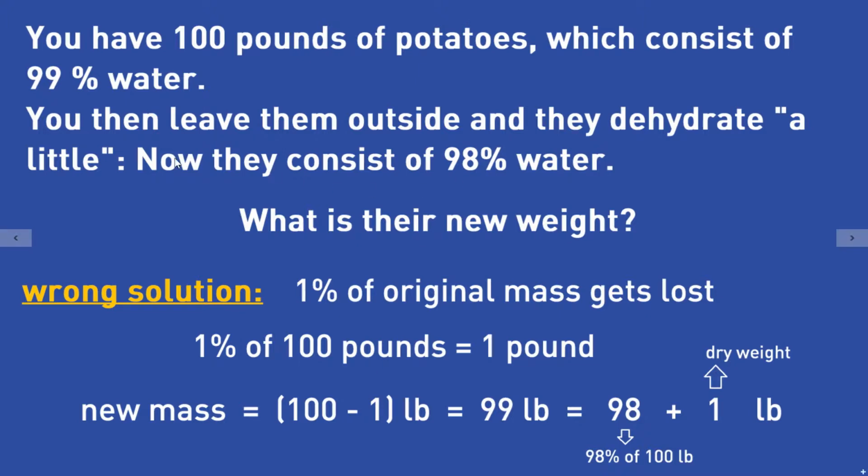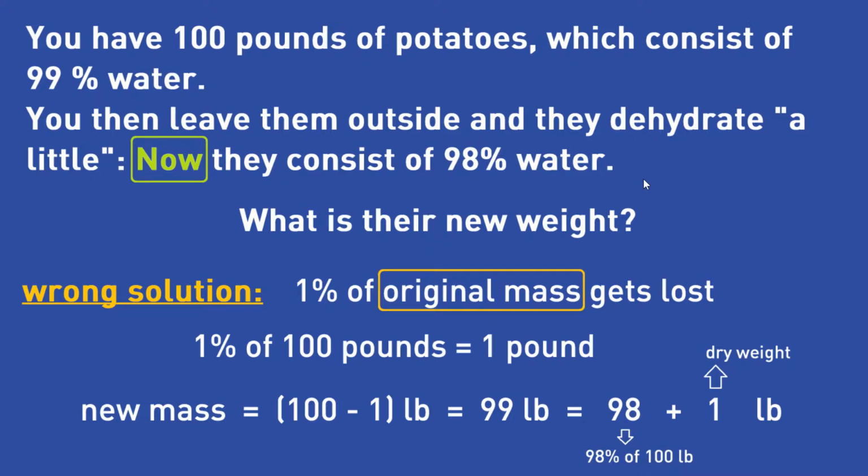It says, now they consist of 98% water, which means after the dehydration process they consist of 98% water. So the 98% do not refer to the original weight, but to the new weight after the dehydration process.